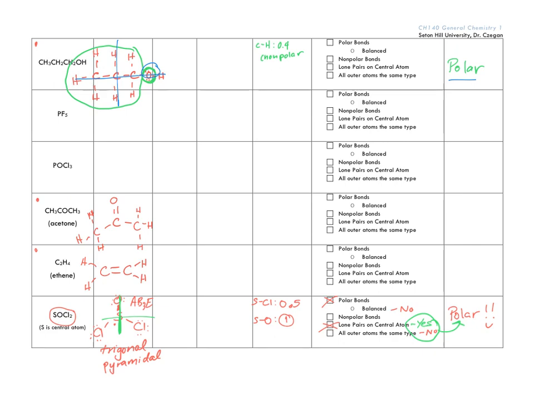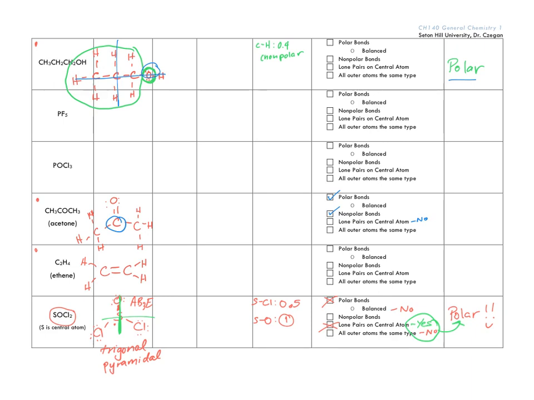Acetone, again, we have this mixture of polar and nonpolar bonds. There are no lone pairs on the central atom, which would be this carbon, sort of thought of as the central atom. So would this be polar or nonpolar? There should be 2 lone pairs on that oxygen too, sorry.